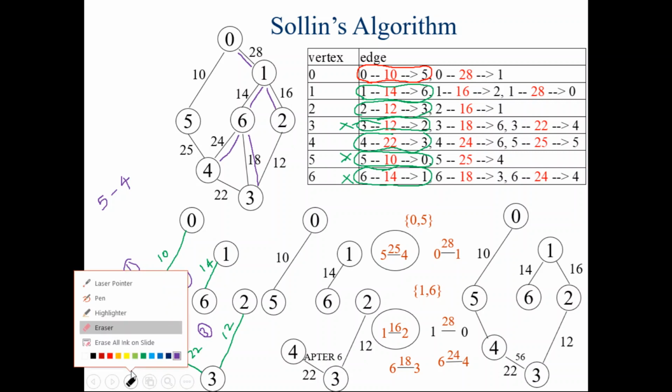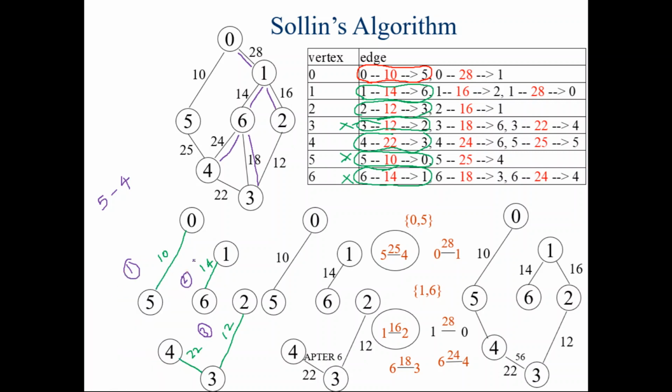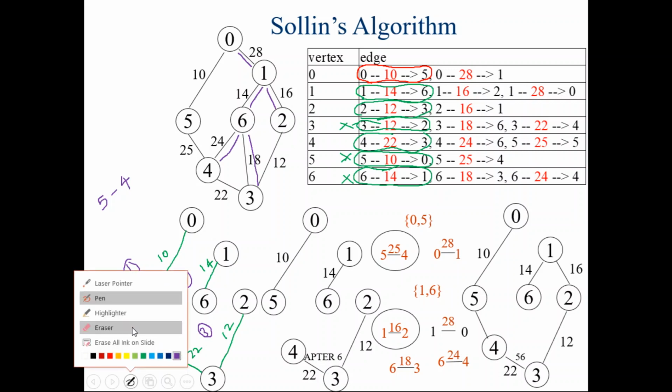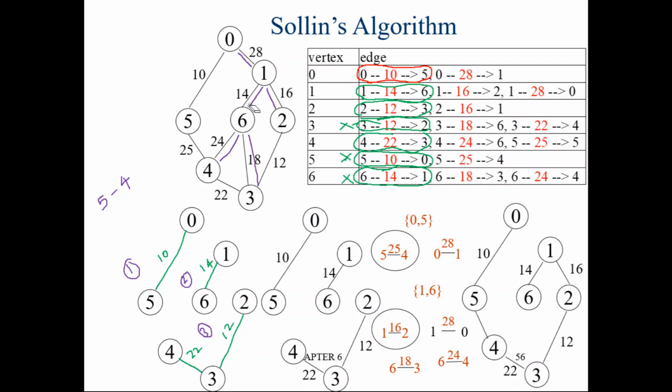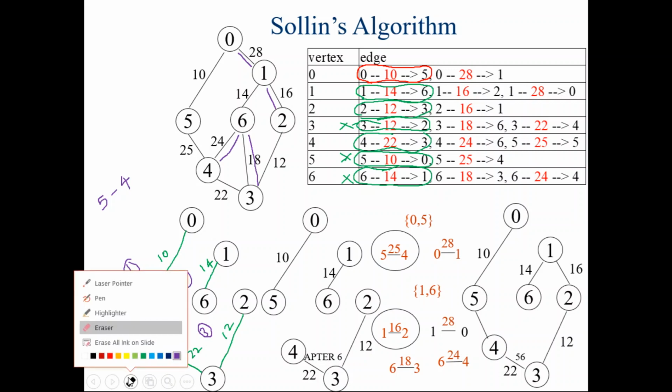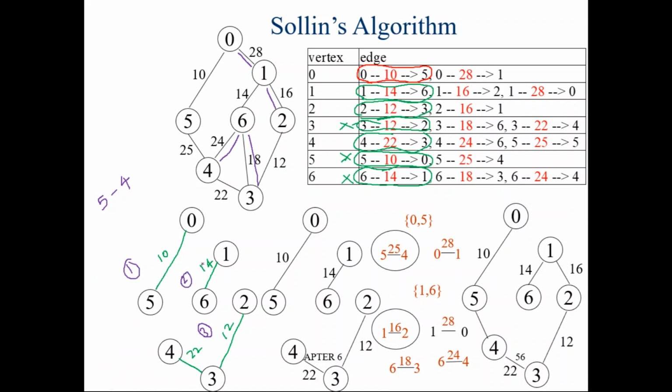The number of edges which are not yet added and which are connected with this particular component, 1 and 6, is four edges: 1, 2, 3, 4.